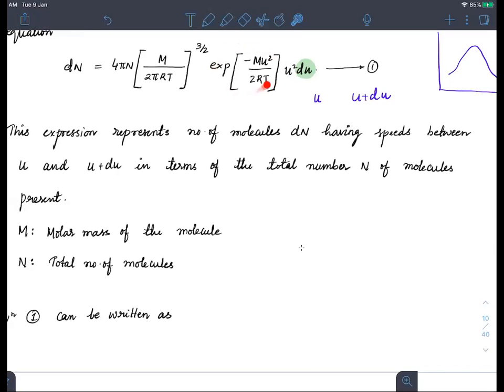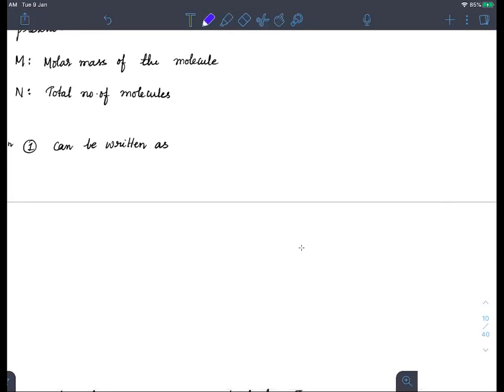So I'm getting two functions here, which I'll write this way: 1 by n dn by du is equal to 4 pi, M by 2 pi RT to the power of 3 by 2, u square into exponential of minus M u square by 2 RT. This is what you have.